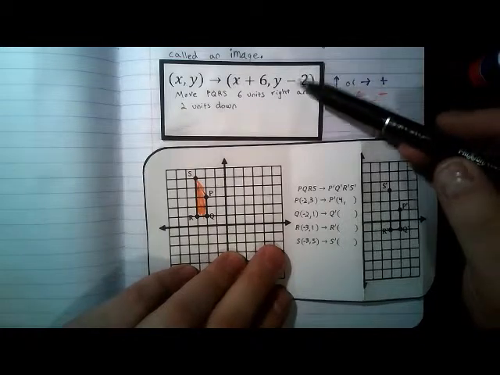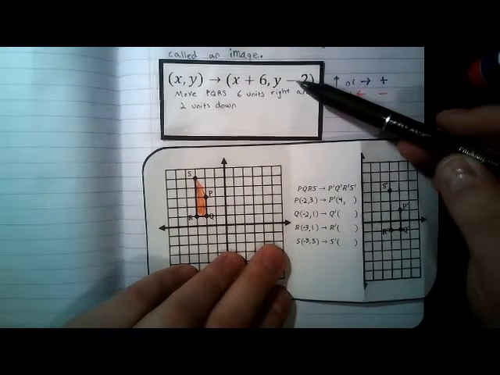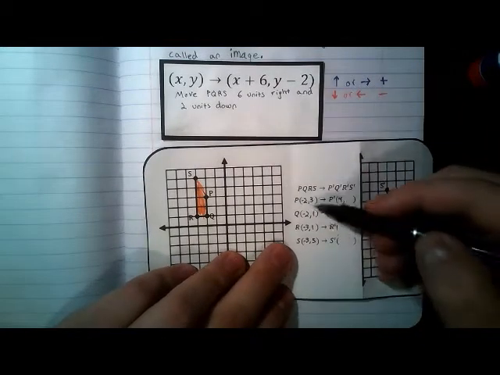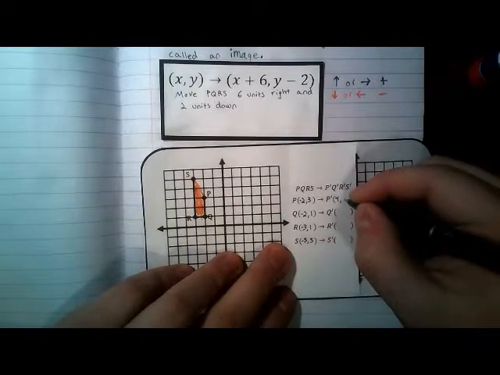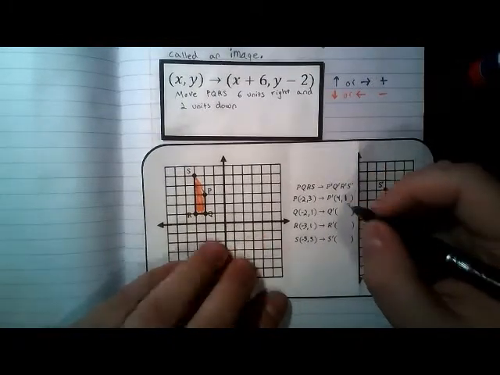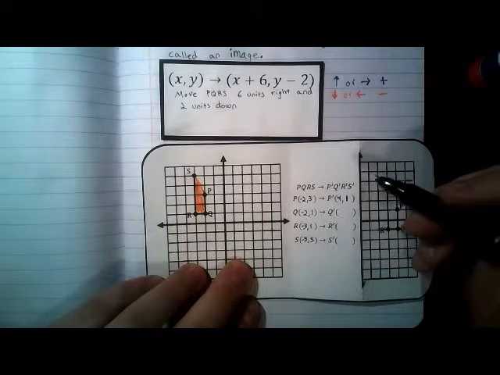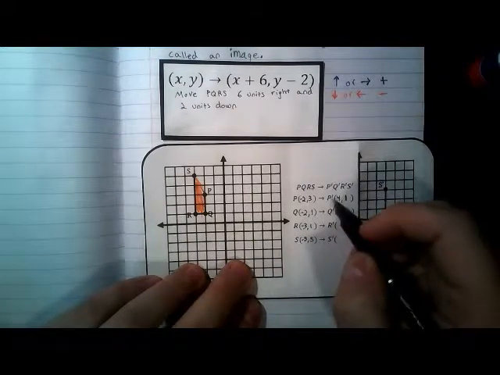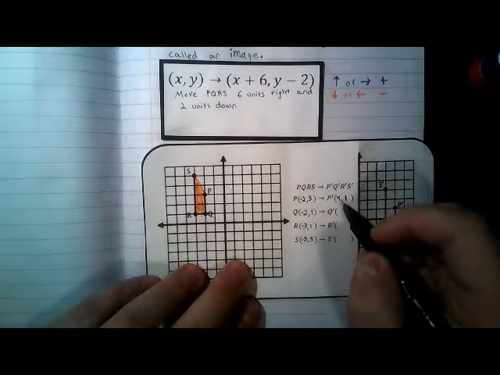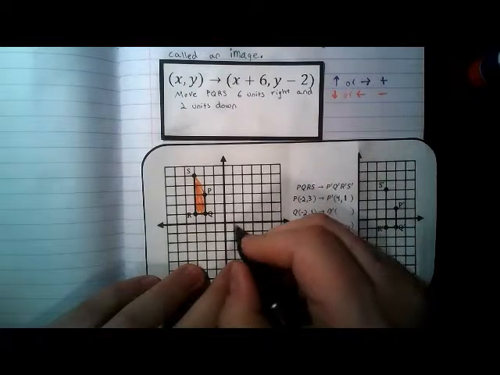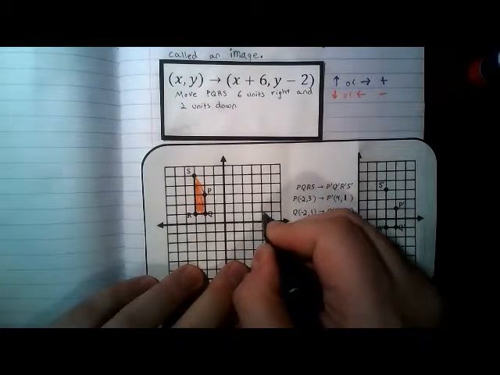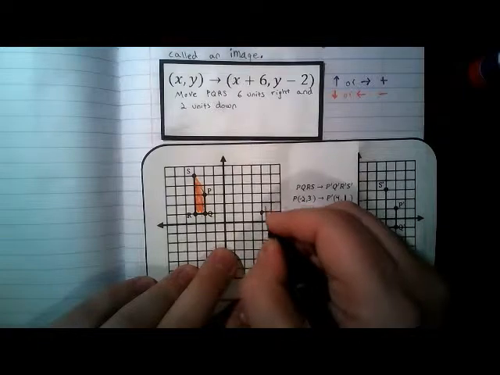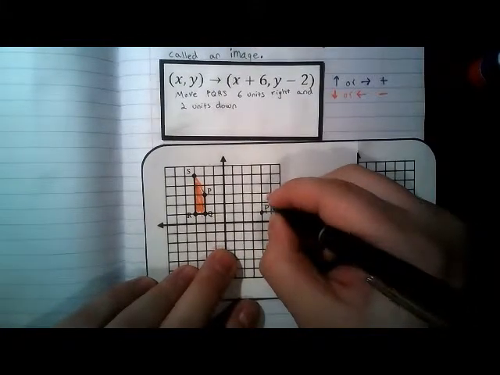And we're subtracting 2 from the y value. So this would be 3 minus 2, which would give me 1. So the new P, or P prime, would be at 4, comma 1, which is right here. And I'd label that P prime.